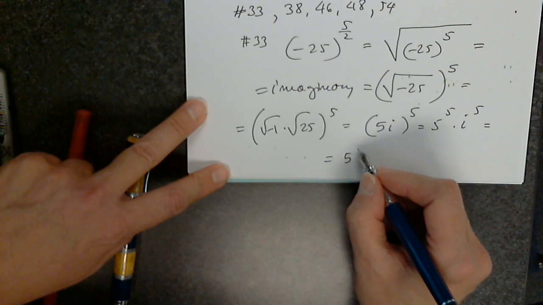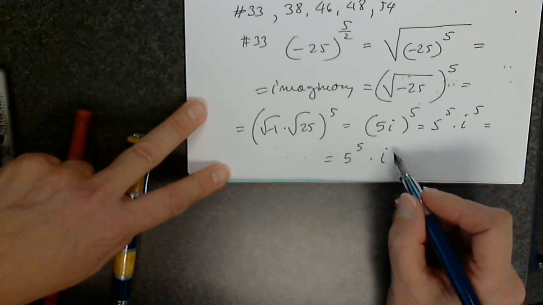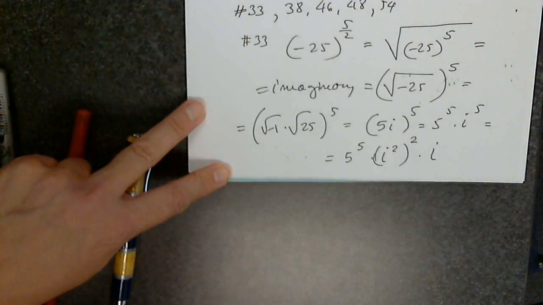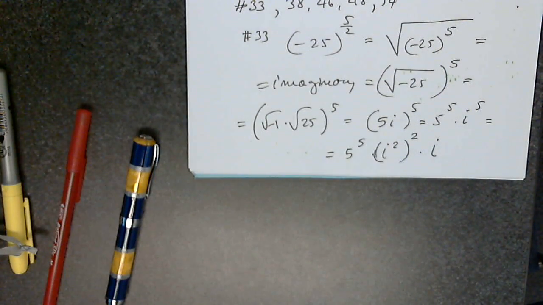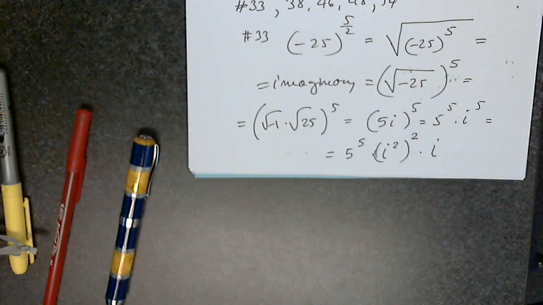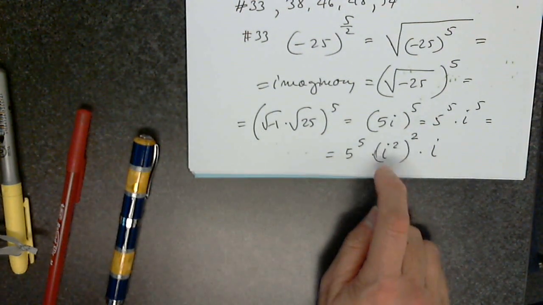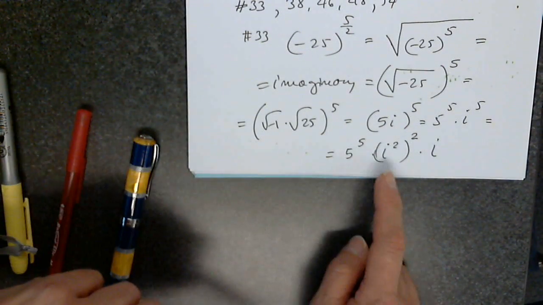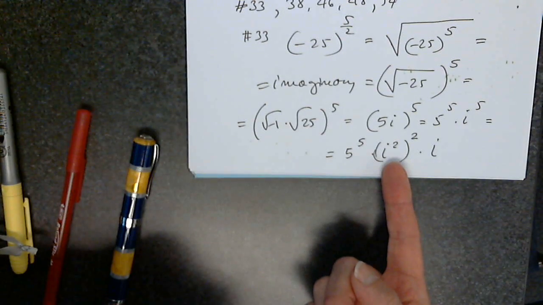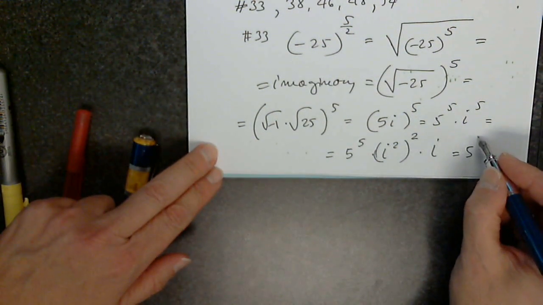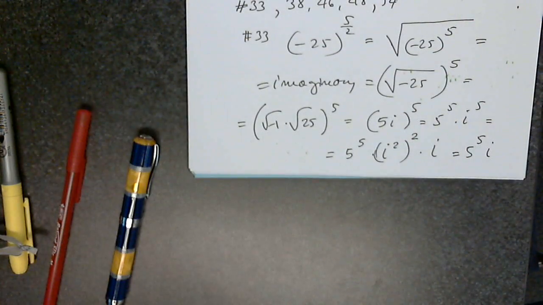So I have 5 to the 5th power times i squared times i. I split i to the 5th power into i to the 4th and i, because I need to simplify. And i to the 4th power is i squared squared. Since this is negative 1 to the 2nd power, it will be 1. So final simplified form, 5 to the 5th power times i.